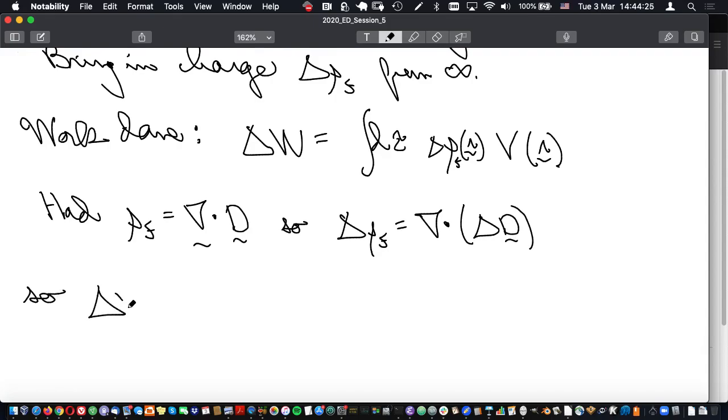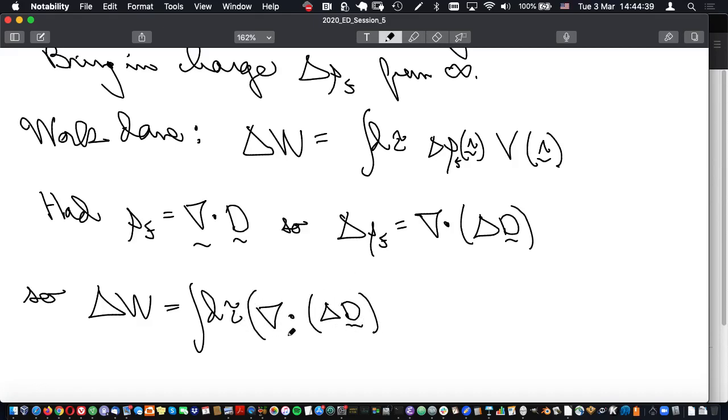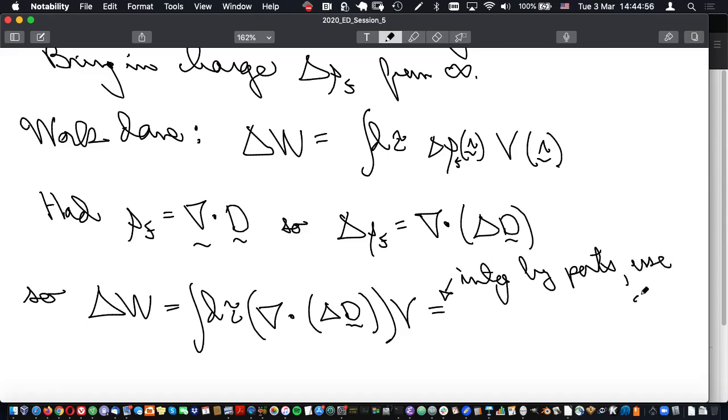So the delta W is just the integral d tau of the divergence of delta D times V. And that you can manipulate a bit, because you can do an integration by parts and use the divergence theorem.